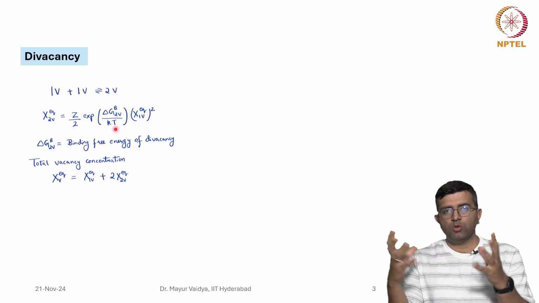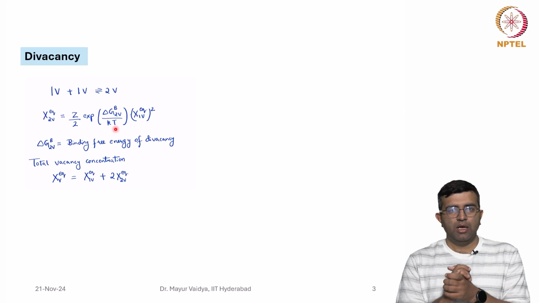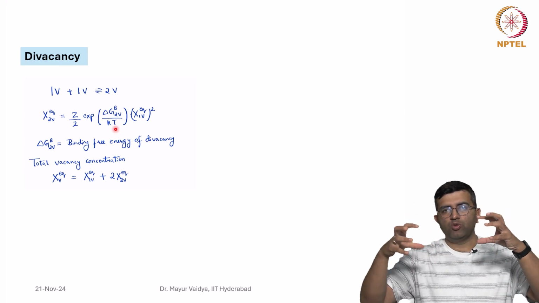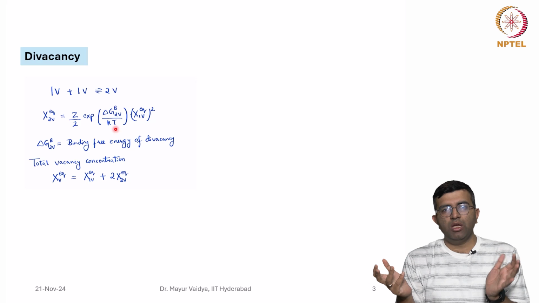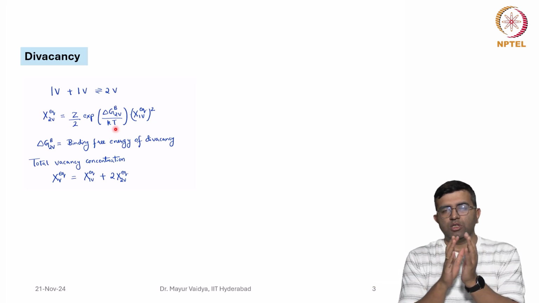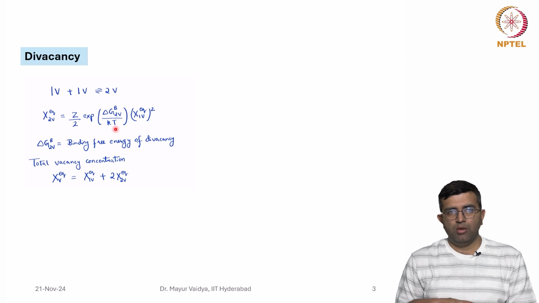There are those barriers in divacancy formation also, but there is also a gain in energy when a divacancy is formed. Simply because if you form two mono vacancies at separate places, more bonds have to be broken, whereas if the two vacancies bind together, fewer bonds have to be broken.